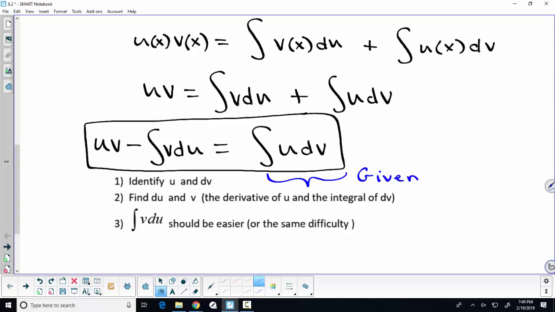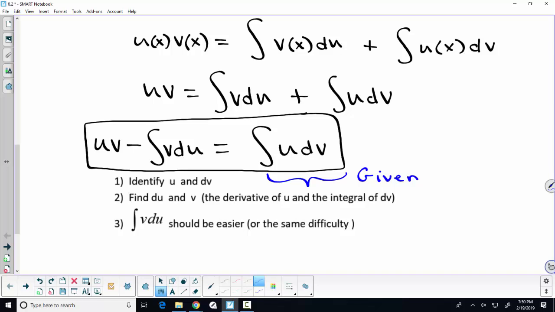When we're given something like find the antiderivative of x e to the x with respect to x, we have to identify u and dv, because that's essentially what we're given. Then notice on this other side we have uv and v du. So if I identify u, I need a du over here.